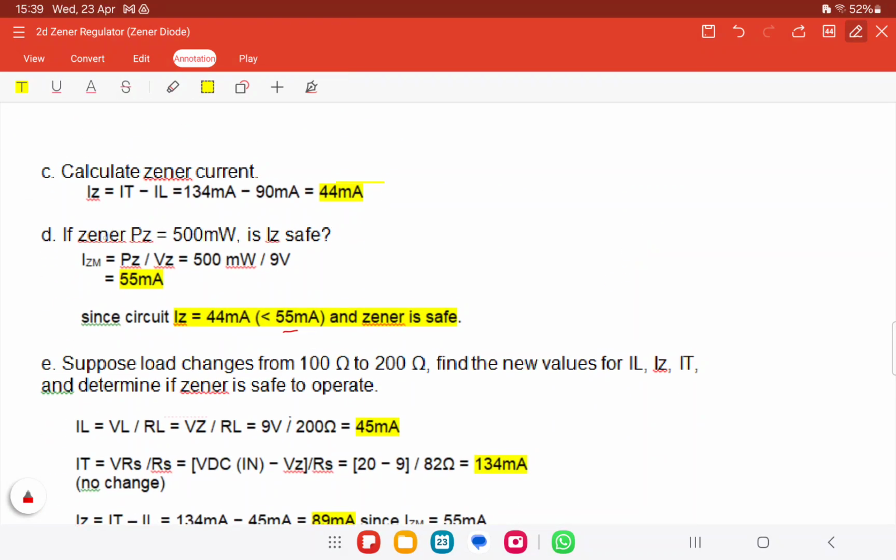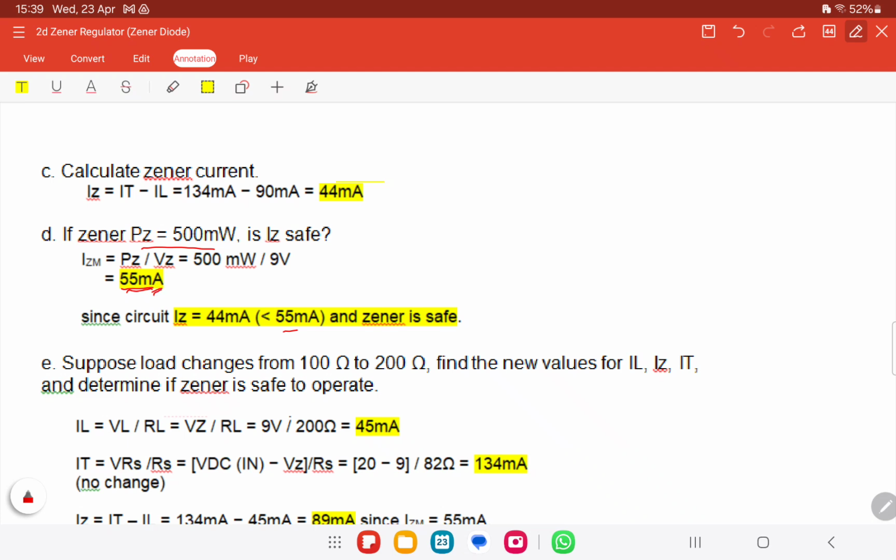Oh, okay, dia bagi tahu kat sini PZM. Okay, so if the PZM is 500, we can get the IZM. Because dia bagi power, so you can get the current from the power kan. P equals to IV.